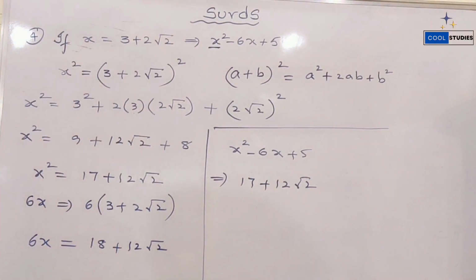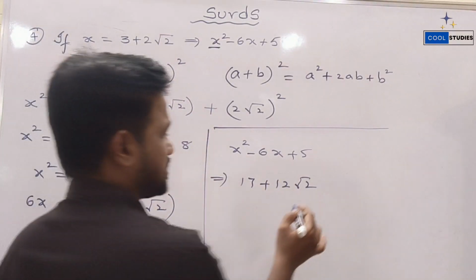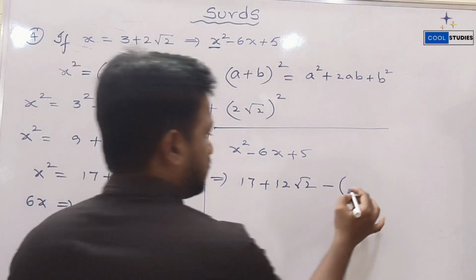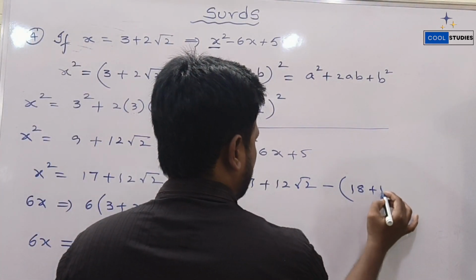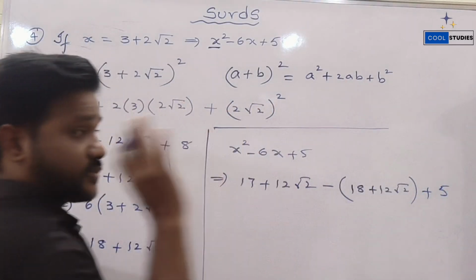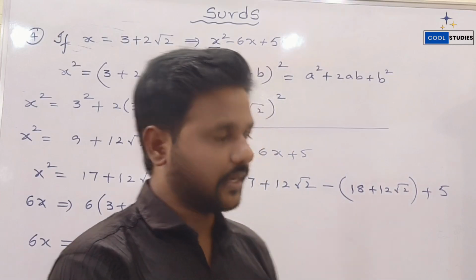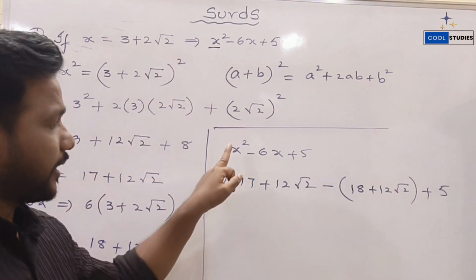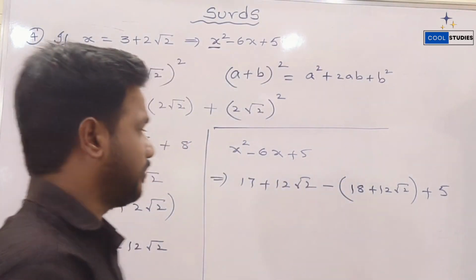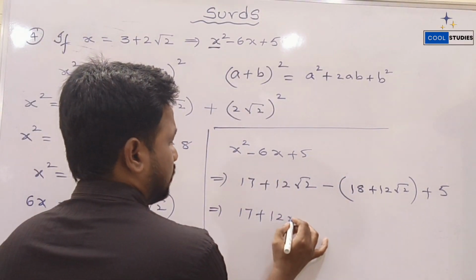The x square value here is 17 plus 12 root 2, minus the 6x value, what we got, 18 plus 12 root 2, plus 5. We just substitute x square as well as 6x here. In the next step, 17 plus 12 root 2.